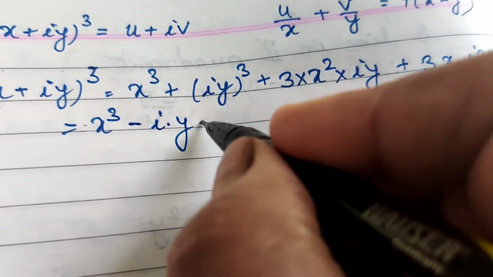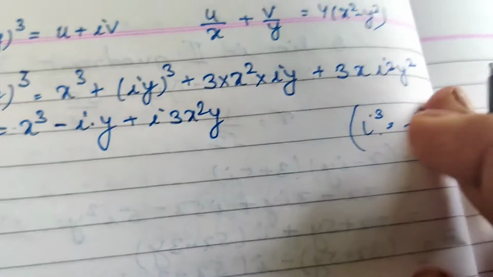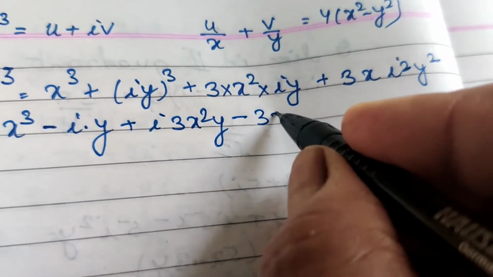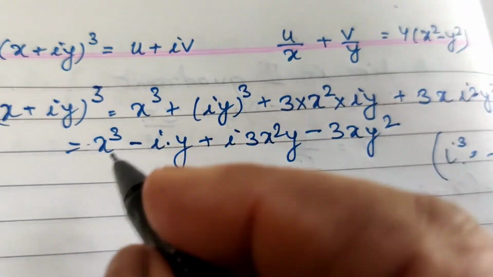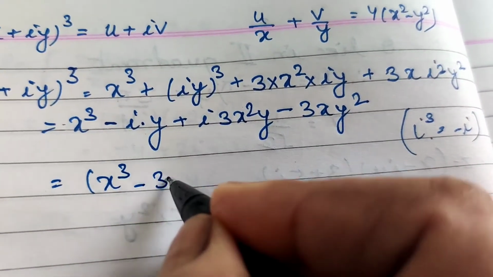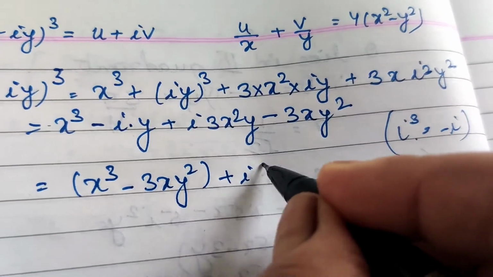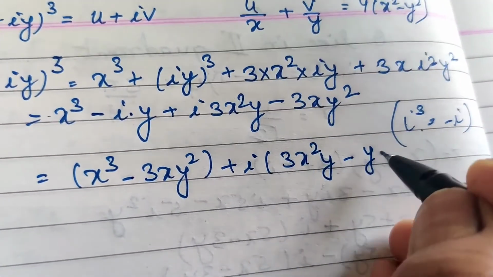This one is 3x square iy, and this one is minus 3x y square. Okay, so now arrange real part: x cube minus 3xy square, this is the real part, and the imaginary part is 3x square y minus y cube.